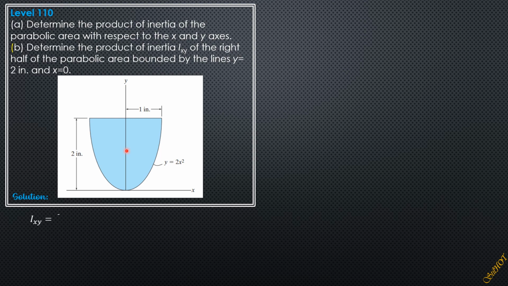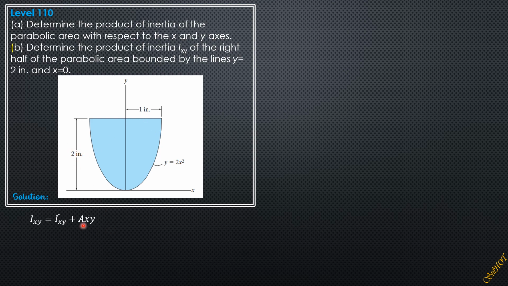So Ixy equals I barred xy plus area barred x barred y. Assuming it is not 0 yet, let's compute I barred xy. Ixy with respect to the centroid is 0 because it has an axis of symmetry. Area of parabola is 2/3 base times height, 2/3 of 2 inches by 2 inches.